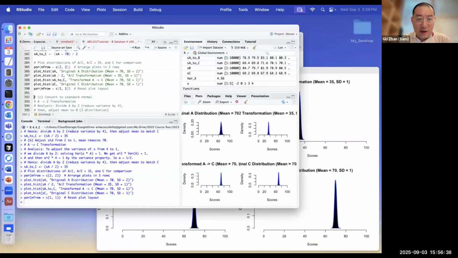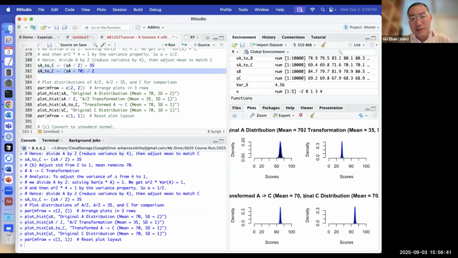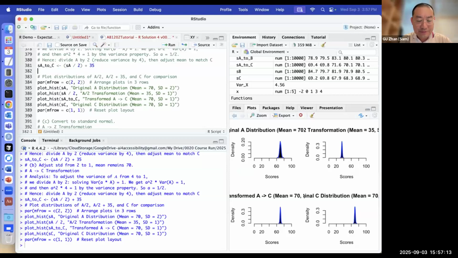So you use A divided by 2 plus 35 to convert A to C.